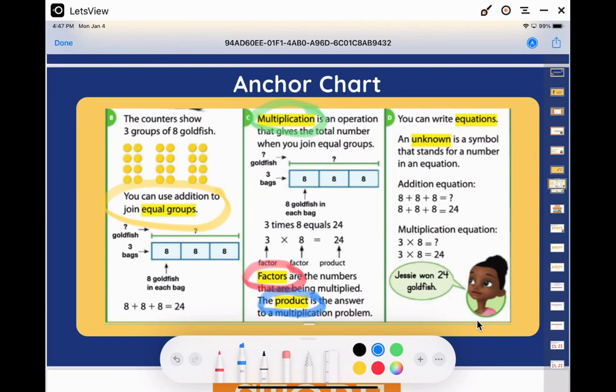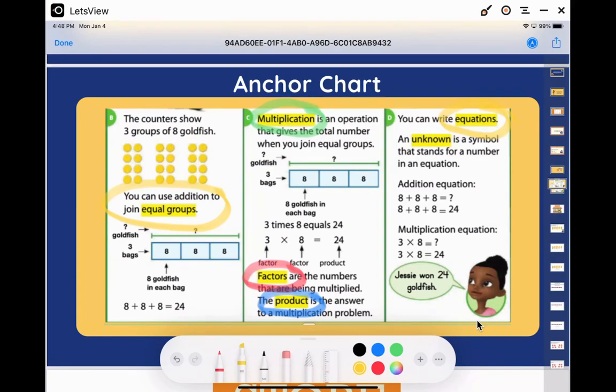When we're solving math problems, sometimes we call them number sentences, but more often than not, we call them equations. Equations are what we call a number sentence that has factors, if we're talking about multiplication, an equal sign, and then a product.